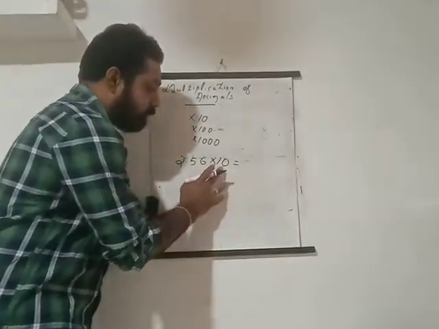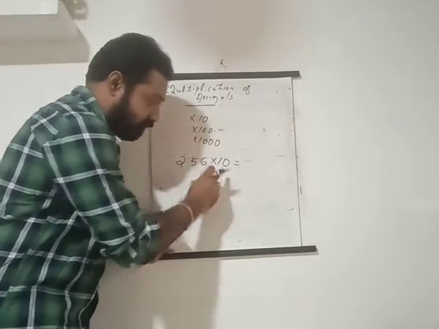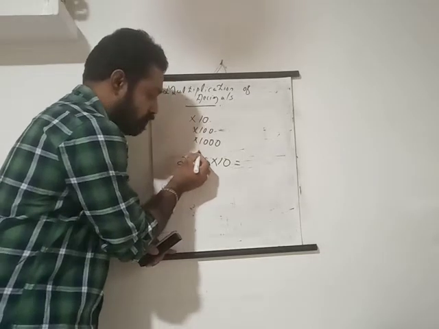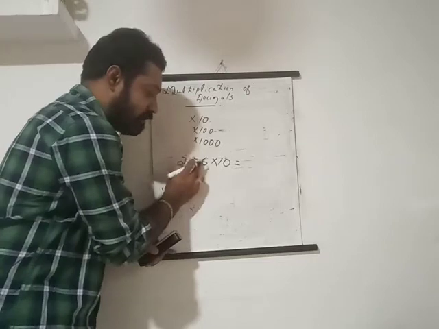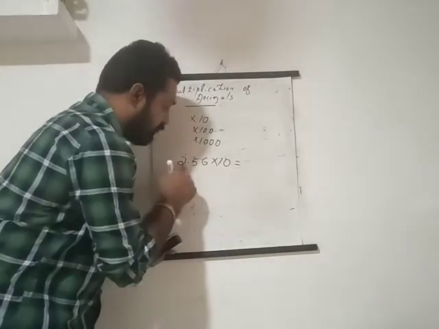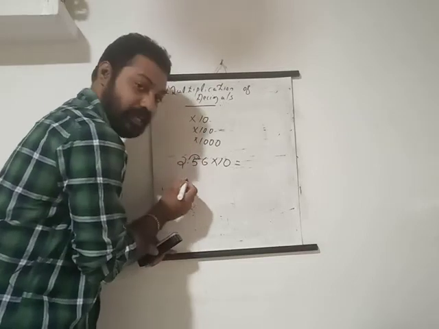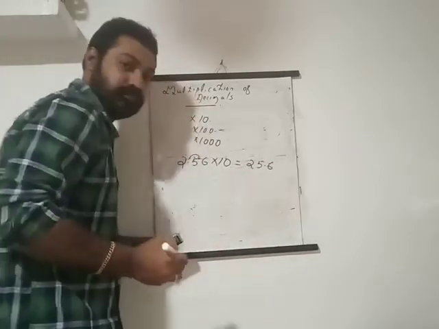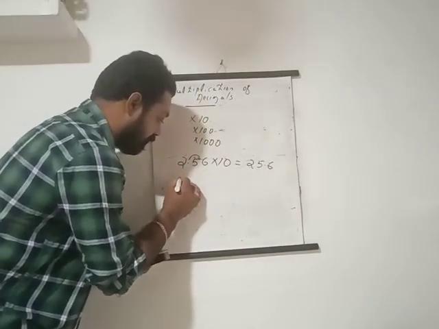When you multiply a decimal number with 10, 1 decimal point shifts to the right side. Here 2.56 becomes 25.6.